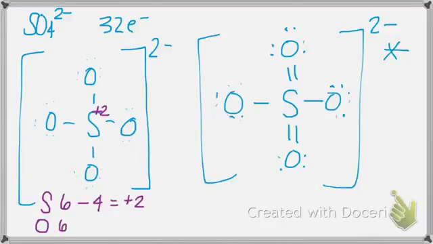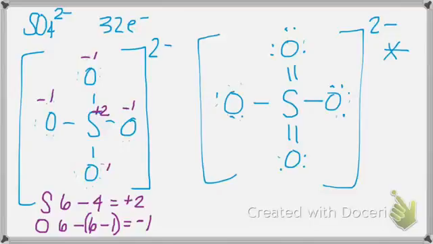Also 6 minus, how many electrons does each oxygen have as lone electrons? 6. And then how many bonding pairs? That gives negative 1. So all of the oxygens, in this case, because they're all bonded the same, are going to be negative 1, negative 1, negative 1, negative 1.